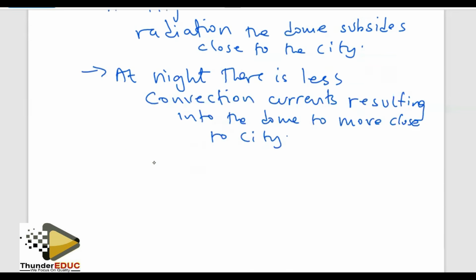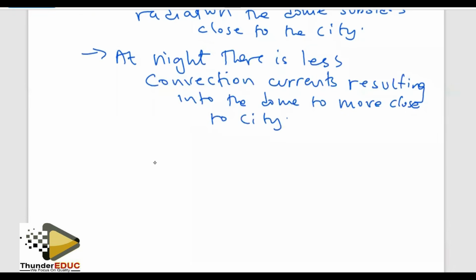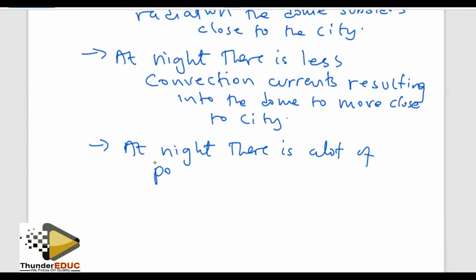Okay. At night, we could as well say at night, there is a lot of pollution trapped in the air. Okay. So, so far, those are some of the reasons.